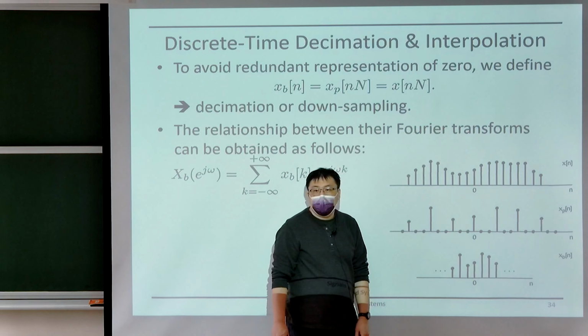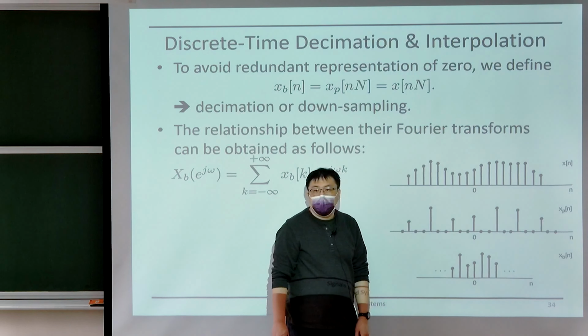So we are taking something that is oversampled, right, sampled more than necessary, and we're downsampling it to something that is more compact, okay, more concise, okay? Right, so this is called decimation or downsampling. Okay.